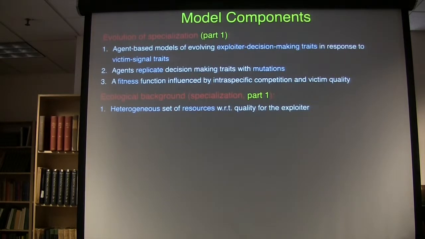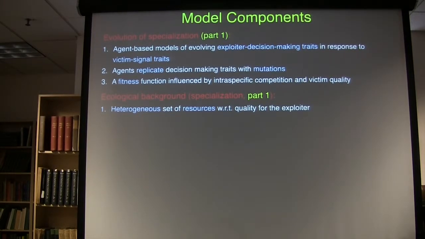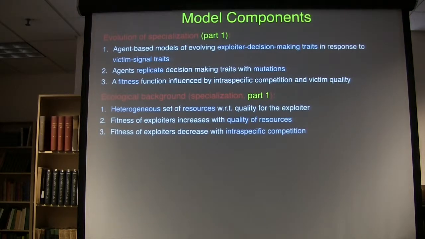So what it really has to do is learn how to discriminate between the good plants and the bad plants, in terms of those that are protected using some kind of physical structures or chemical compounds. And the fitness of the exploiters increases with the quality of the resources they use, and the fitness of the exploiters also decreases depending on the intensity of competition they encounter on these different plant types.